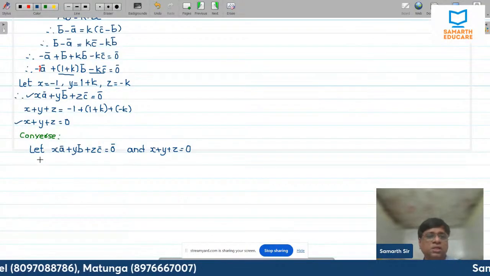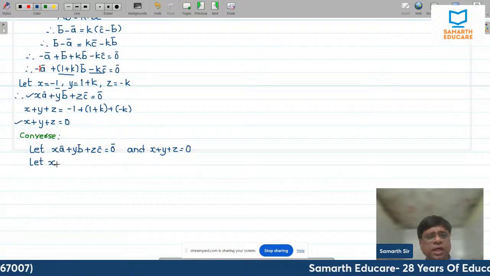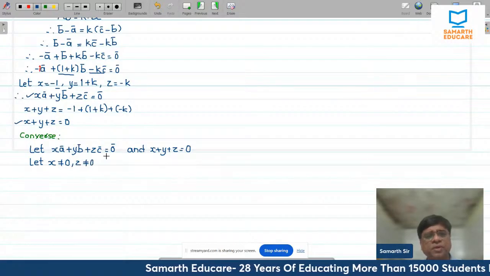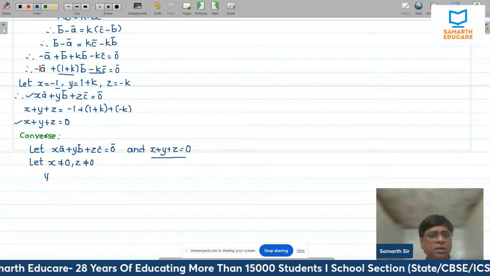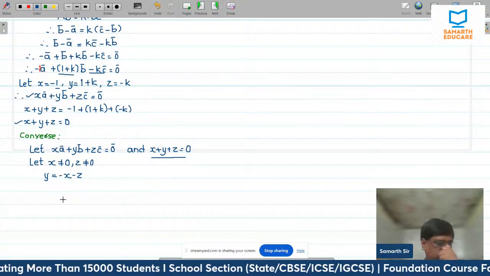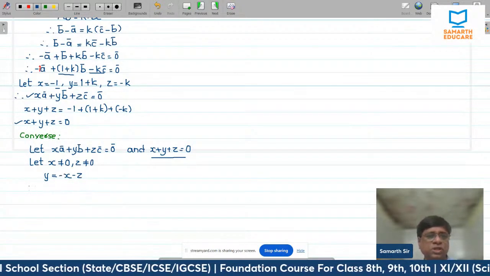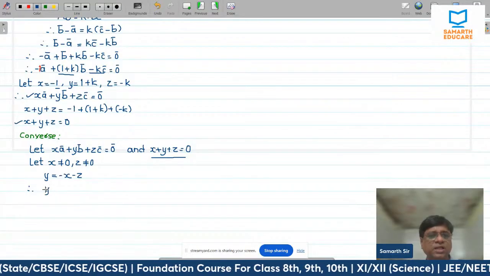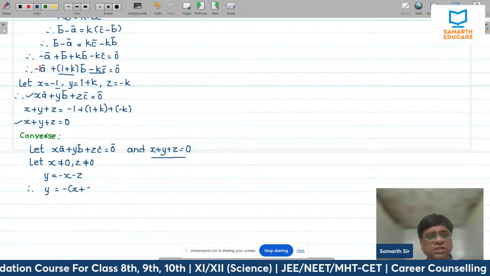Now see, let us say that for some time x is not equal to 0 and z is also not equal to 0. Now what this becomes is y equals minus x minus z. Since x plus y plus z is equal to 0, if we take x and z to the other side, y is minus x minus z, and that is minus of x plus z.